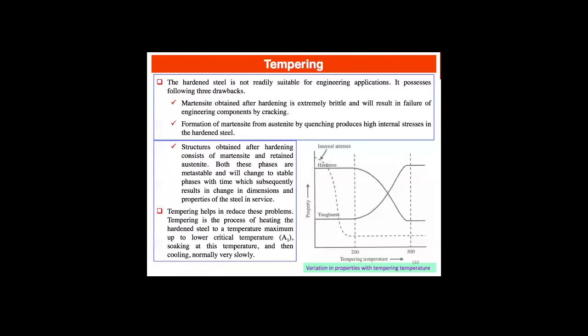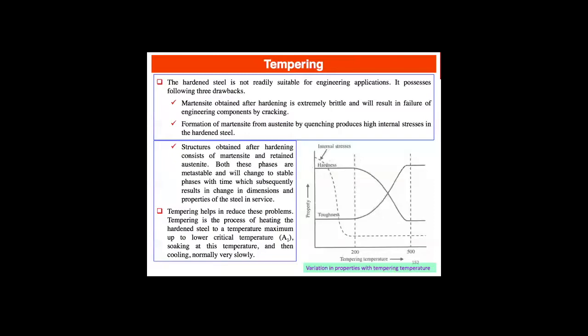Also, you have exceptionally high internal stresses. Remember, the martensite formation has a very large shear component. You've got 20% shear, and in some cases almost 10% normal component, so potentially 30% strain that's accommodated through the formation of the martensite. So you've got very high residual stresses in your material.